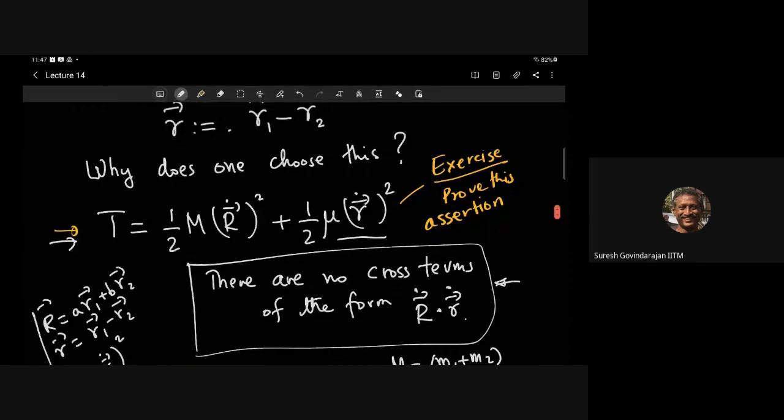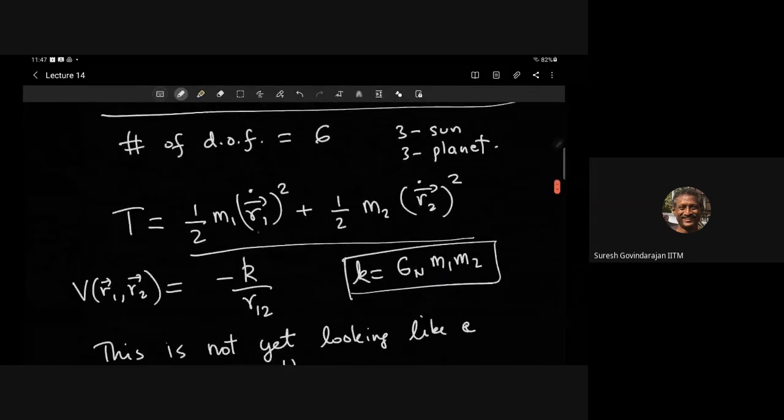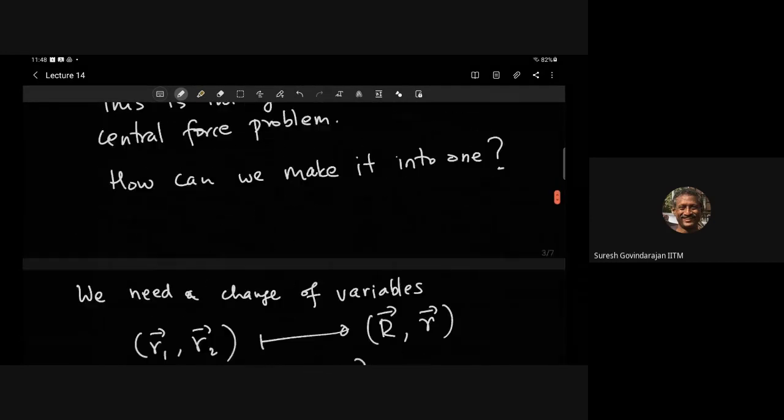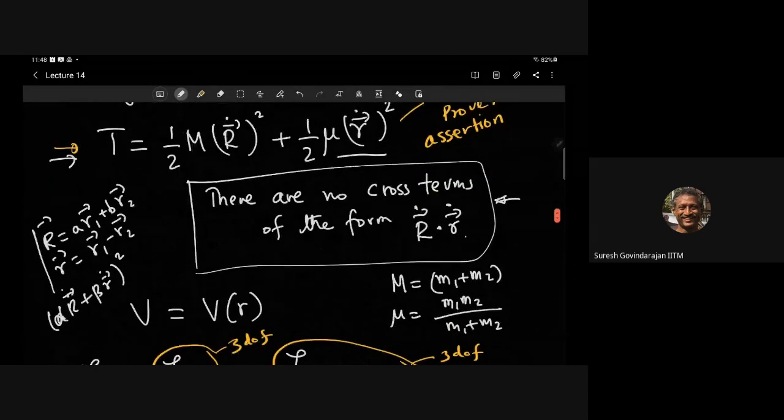Some cross terms will come from expanding this, some cross terms will come from this. These two will be such that they'll cancel each other. Do the calculation like I said. You'll see for yourself. You need to invert this a bit, but that's okay. You can assume A is not 0, B is not 0. Easy inversion.